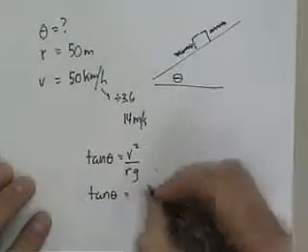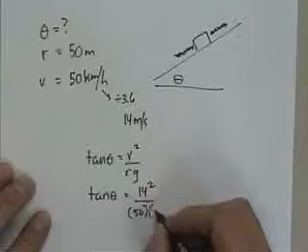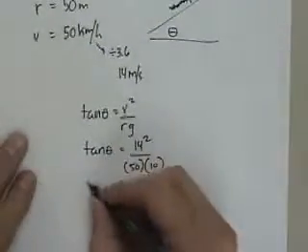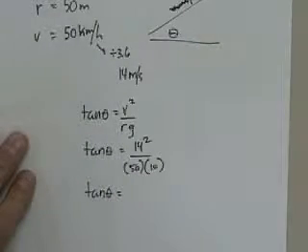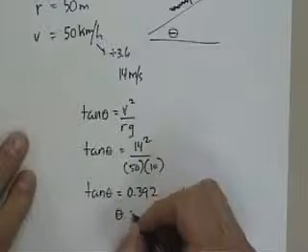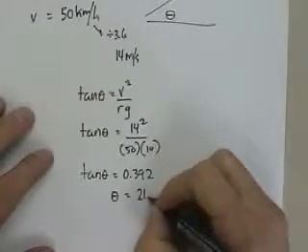My v squared is 14 squared, my radius is 50, and I'm lazy, so gravity is 10. Tangent of theta is 14 squared divided by 500, which is 0.392. If everything works out right, I should get an angle when I use second function tangent. My answer is 21.4 degrees.